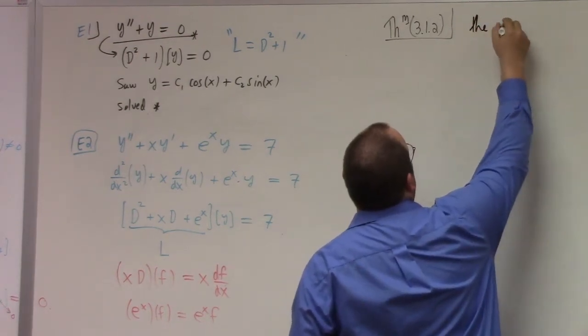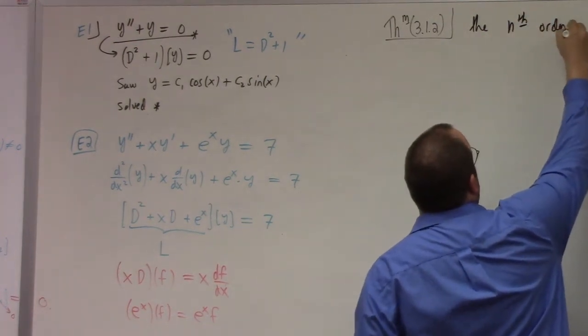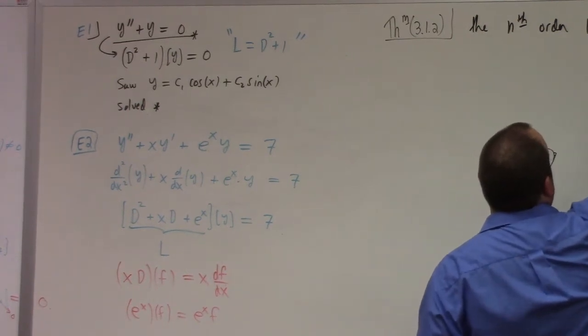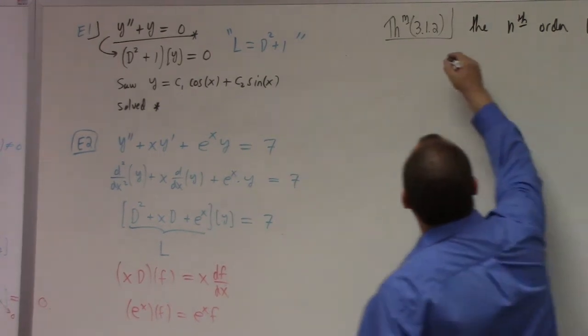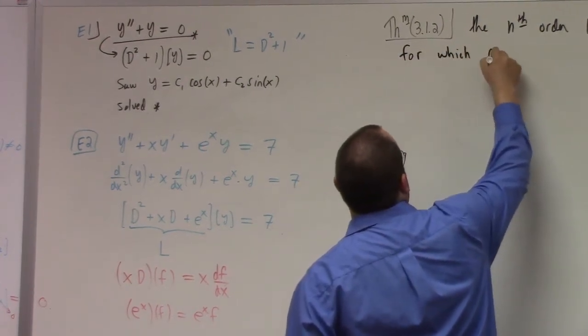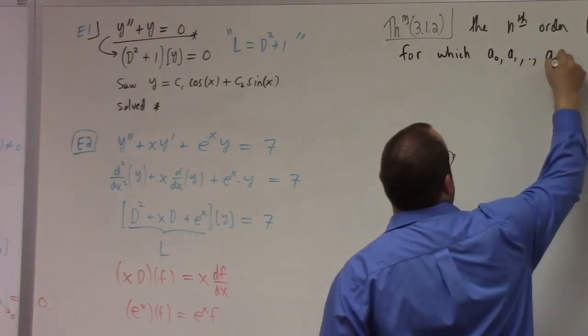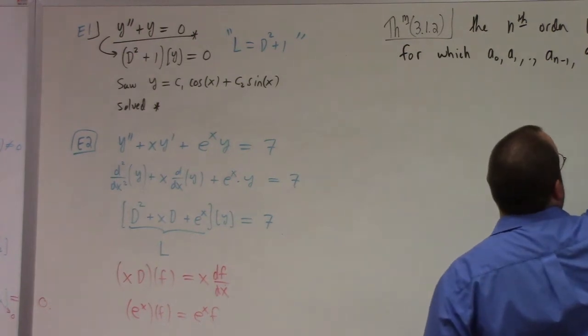The nth order linear ODE (star), for which a sub naught, a sub 1, all the way out to a sub n minus 1, and g are continuous.